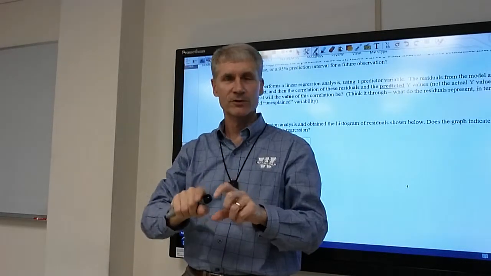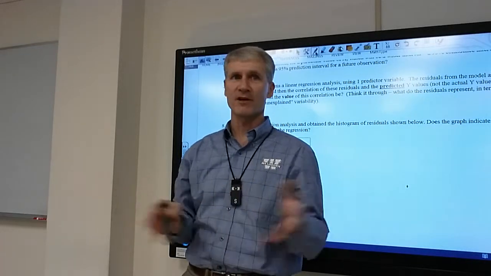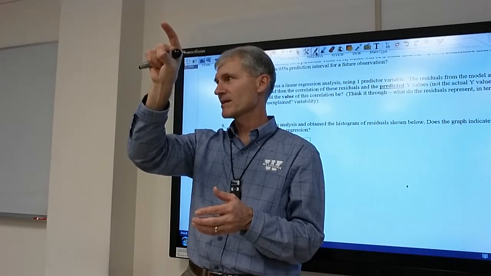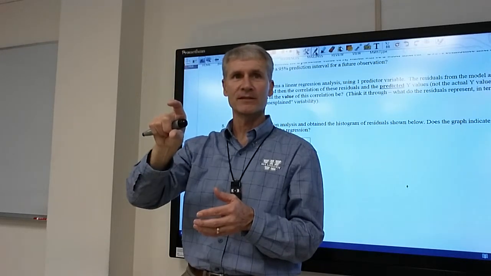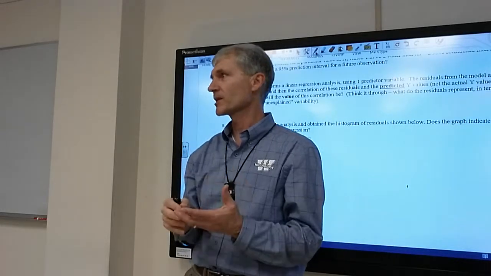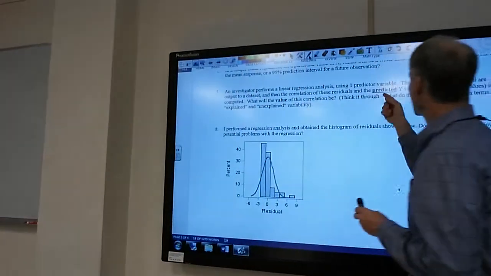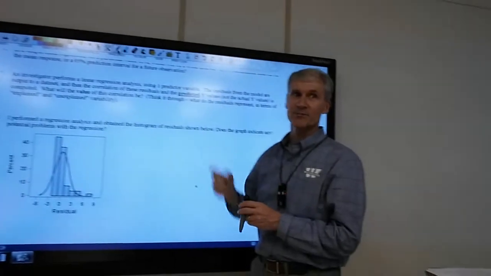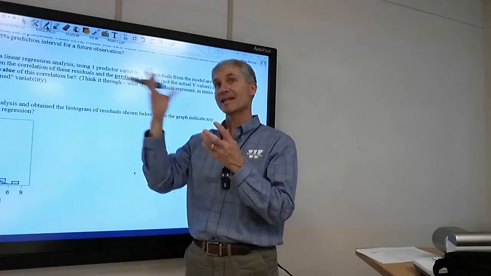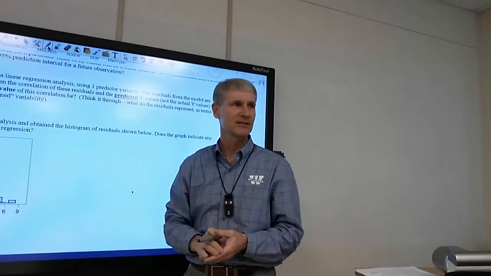Sum of squares total. So the total amount of variability in the y variable can be divided into what the model can explain and what the model cannot explain. The error, the residuals, are what the model cannot explain. So the predicted values are what the model can explain. So what do you think the correlation is between what the model can explain and what the model cannot explain?